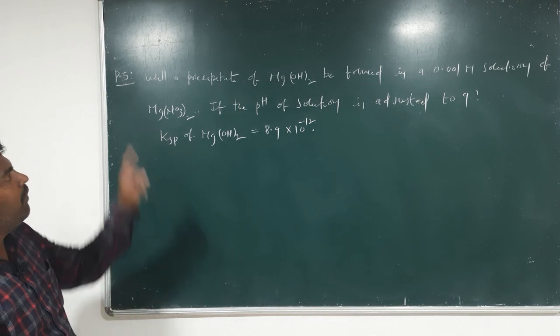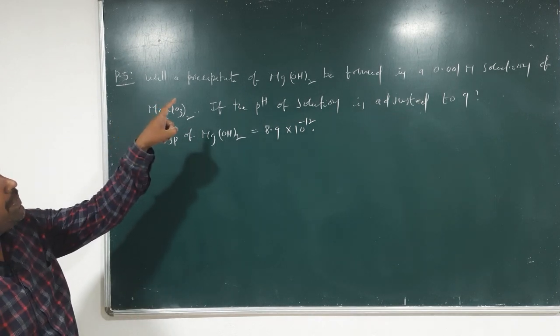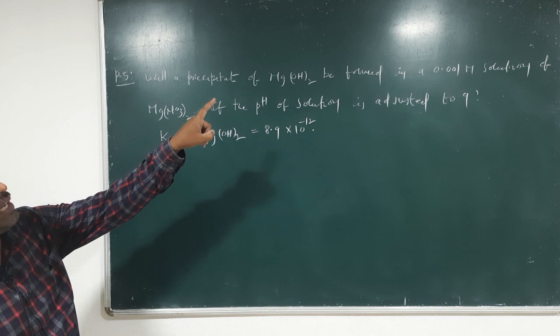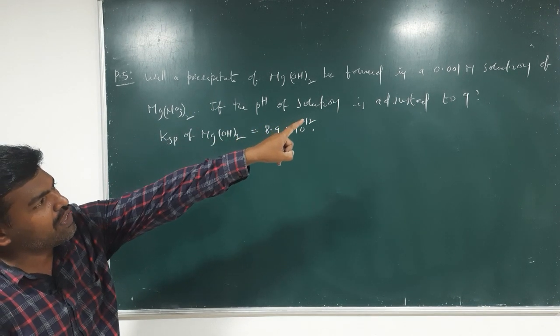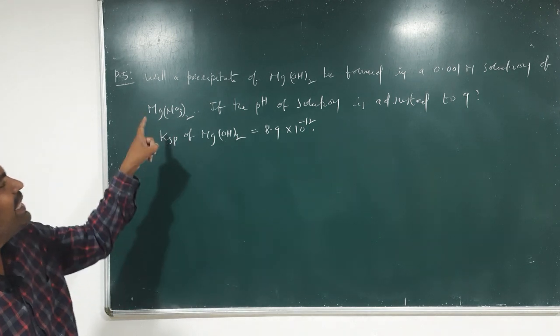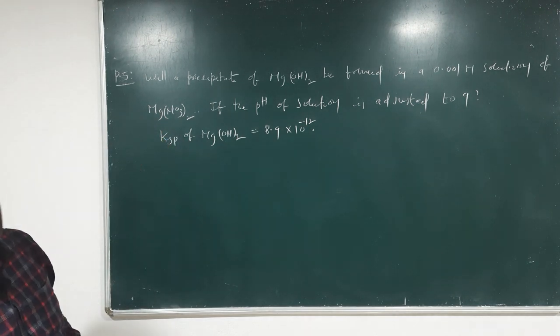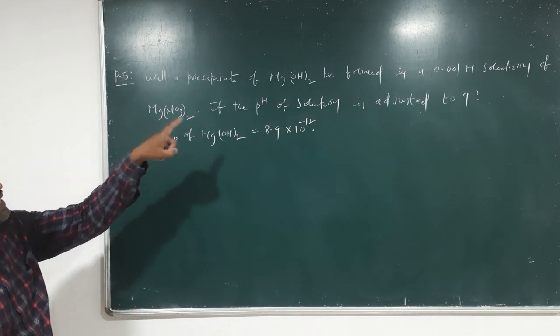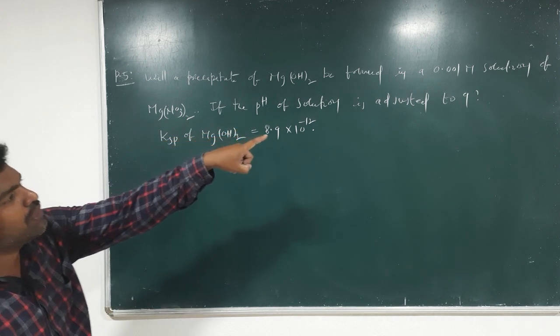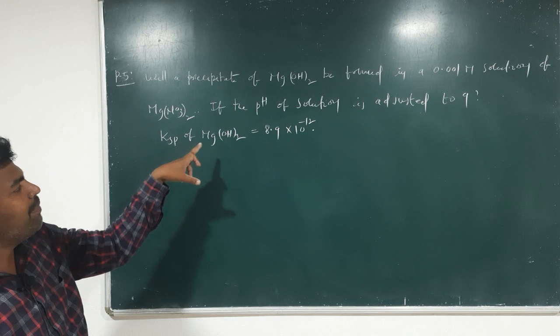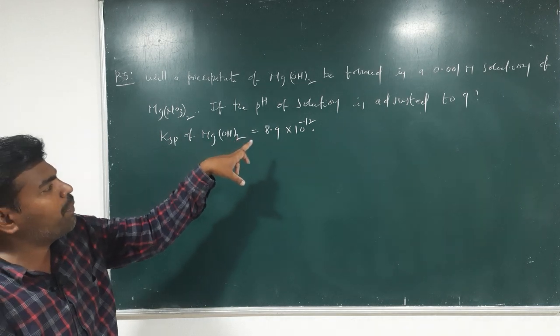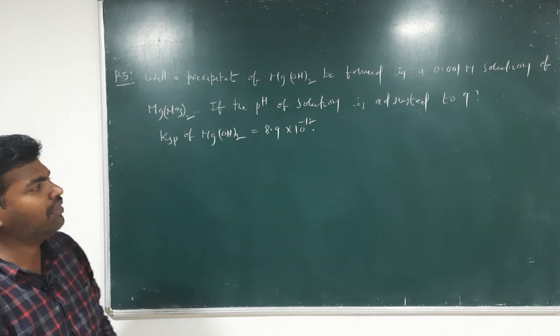Problem 5: will a precipitate of magnesium hydroxide be formed in a 0.001 molar solution of MgNO3 if the pH of the solution is adjusted to 9? Ksp of MgOH twice is 8.9 into 10 power minus 12.